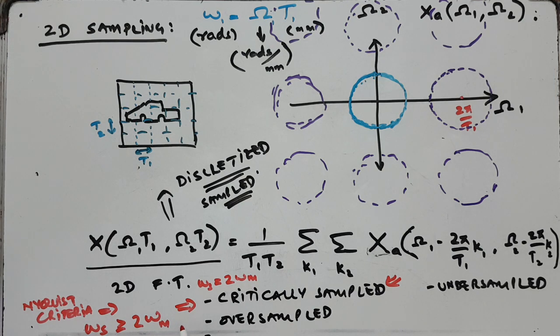Oversampled is when the sampling frequency is greater than double the maximum frequency. Undersampled is when the sampling frequency is less than 2 omega m, and this means what? This means that we're going to get aliasing in the signal, in the 2D Fourier signal.